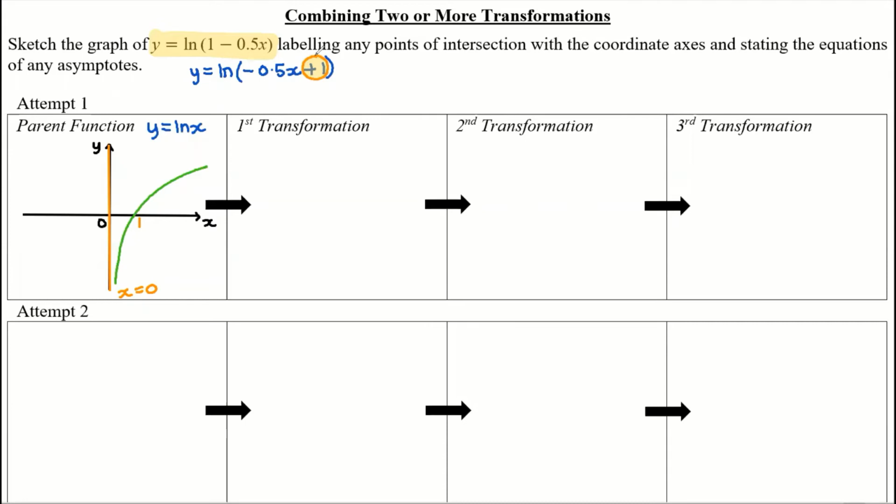So that tells me that the graph is going to move 1 unit to the left. So that's the first thing we need to do, okay? Applying the horizontal translation first. And let's just state that. So it's going to be a translation.